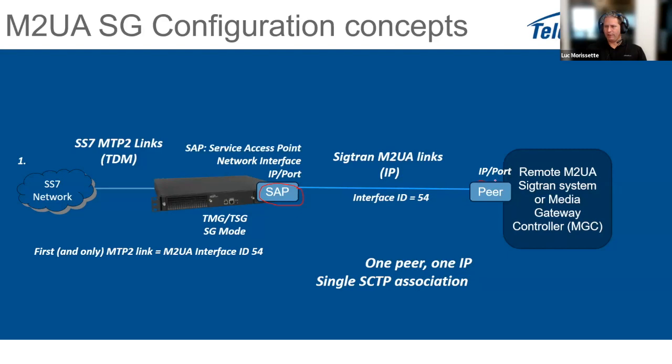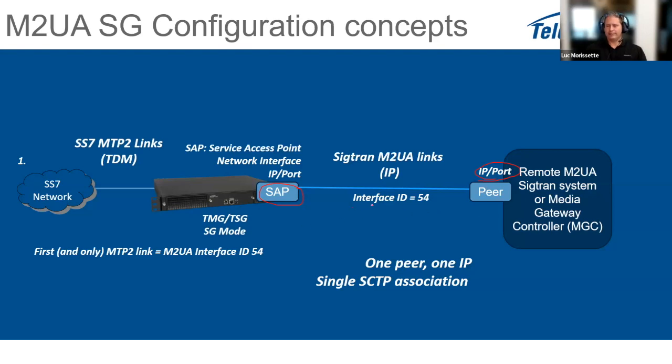You need to have the remote IP and port of the system. It could be an M2UA STP, or it could be a media gateway controller, right? So we can send those M2UA traffic to those devices here.